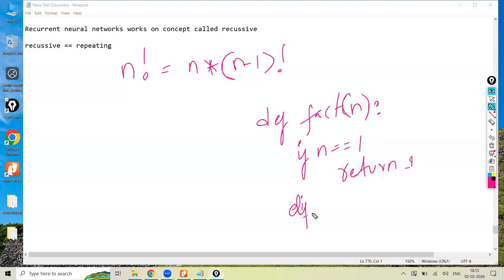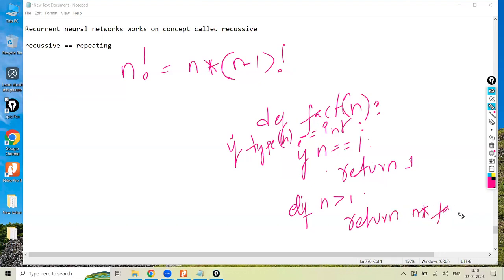Elif n is greater than 1, and the type of n should be only int, it cannot be anything else. If the type of n is int and n is equal to 1, return 1. Elif the value is greater than 1, then return n into fact of n minus 1. That is the code.